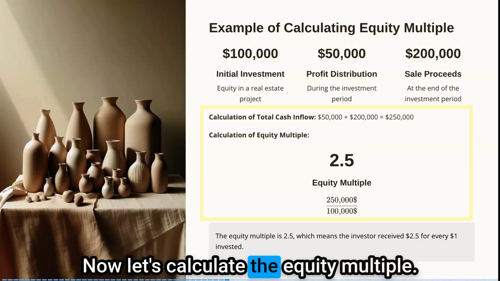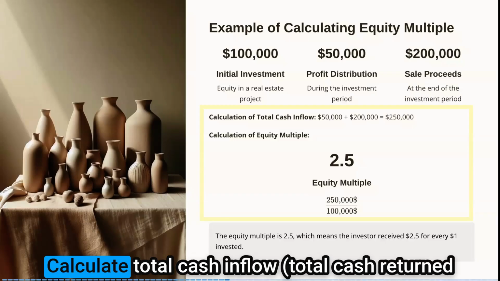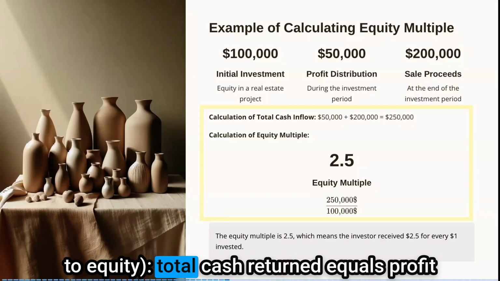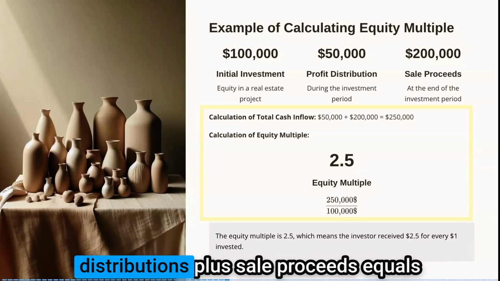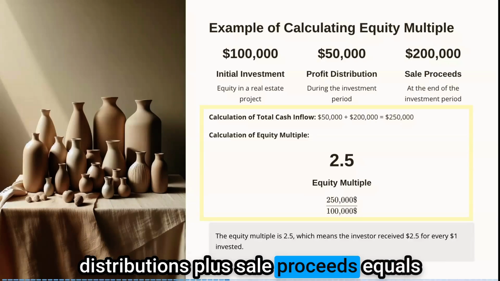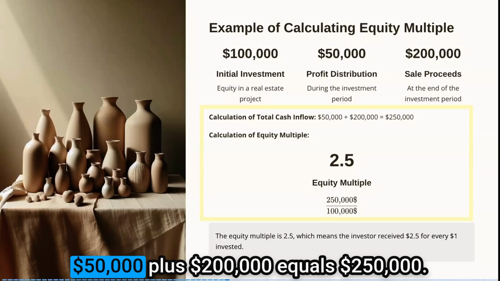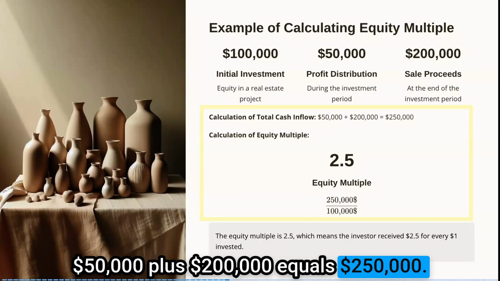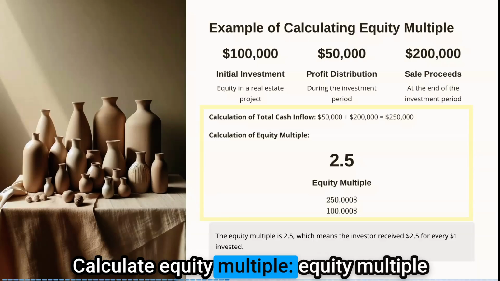Now let's calculate the equity multiple. Calculate total cash inflow, total cash returned to equity. Total cash returned equals profit distributions plus sale proceeds equals $50,000 plus $200,000 equals $250,000. Calculate equity multiple.